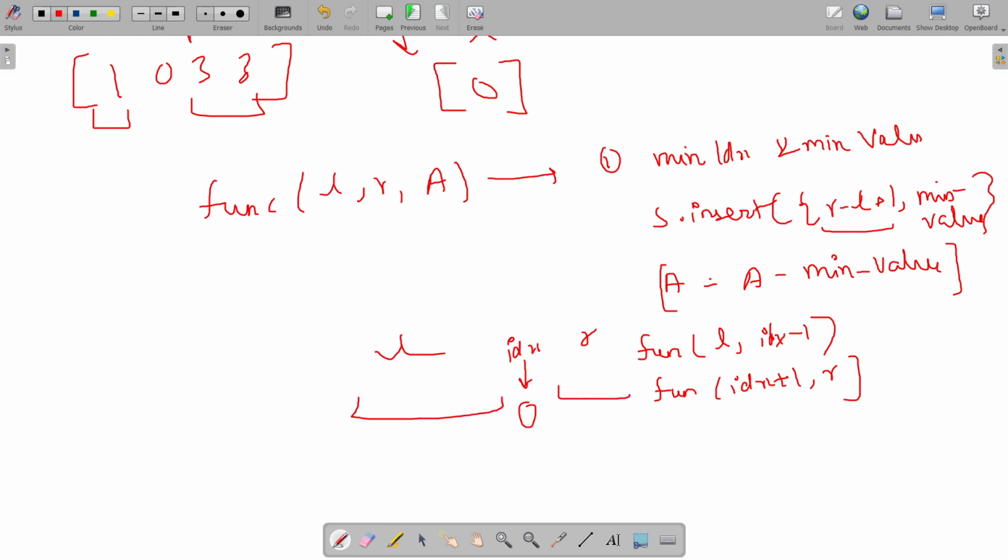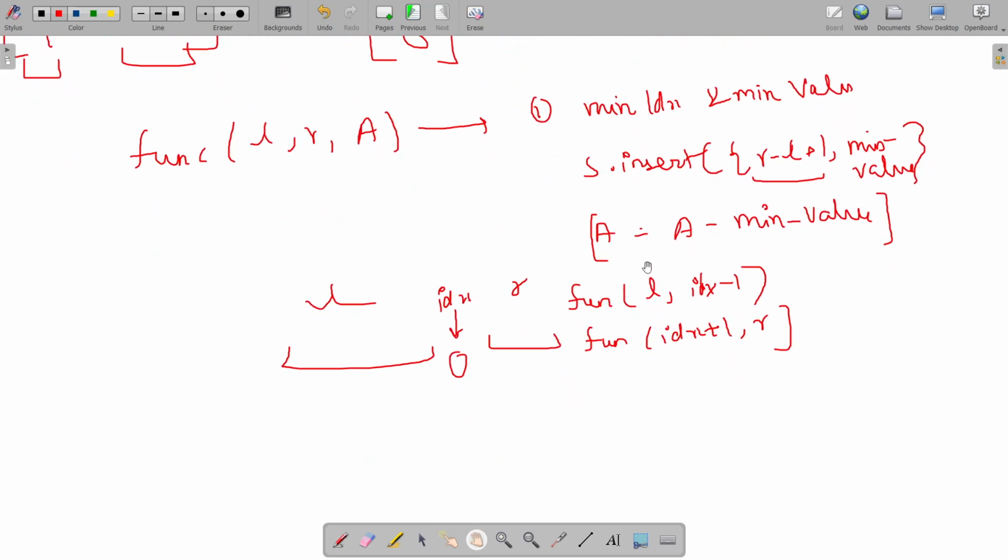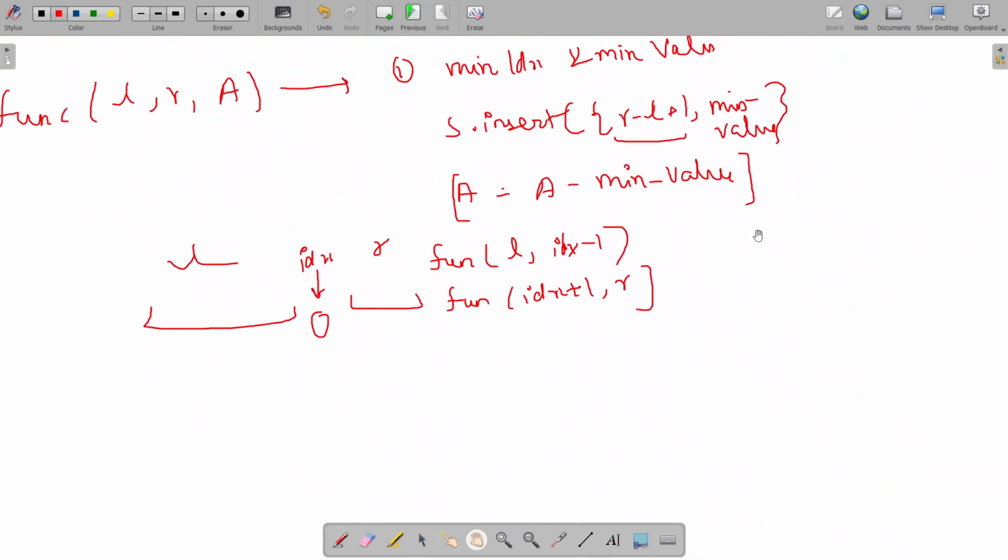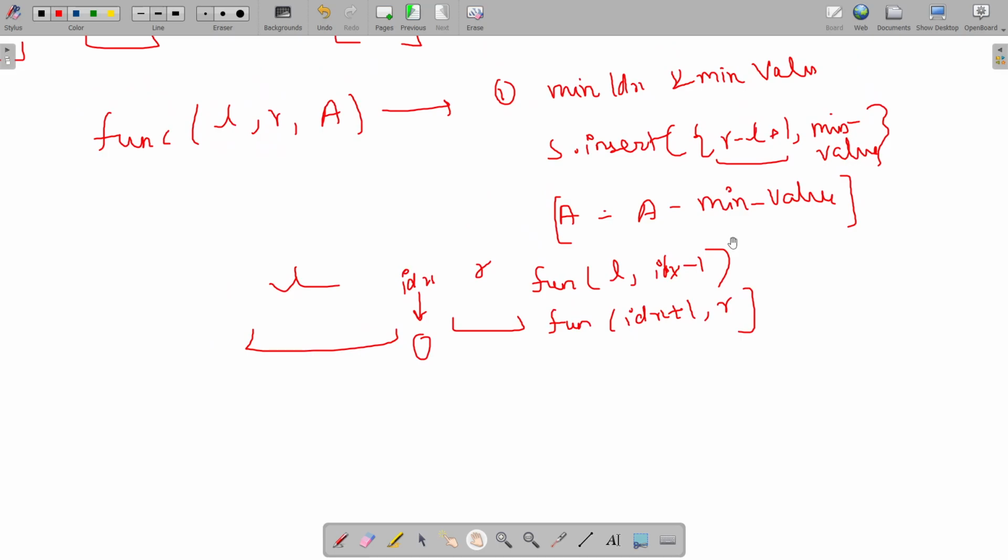So now these two ranges are what you need to consider. And yeah, that's all for the solution.